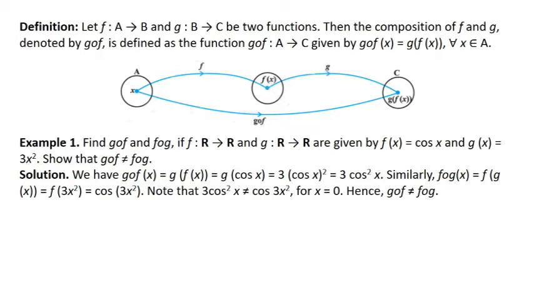Similarly, fog of x is equal to f of g of x, which is equal to f of 3x square, which is equal to cos 3x square. Now note that 3 cos square x is not equal to cos 3x square for x not equal to 0, hence gof is not equal to fog.